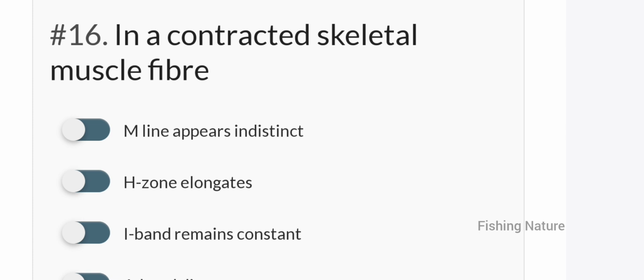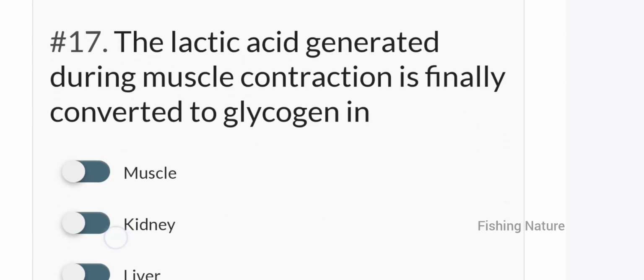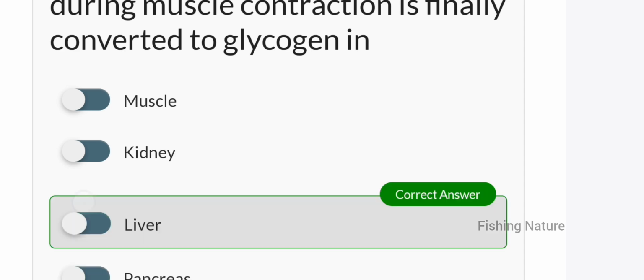Which is in a contracted muscle fiber? It is the M-line appears indistinct. Next, the lactic acid generated during muscle contraction is finally converted into glycogen in the muscle, kidney, liver or pancreas. Which is the correct statement? It is option C, liver.